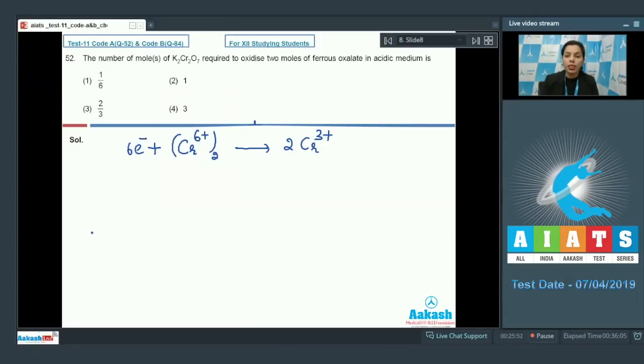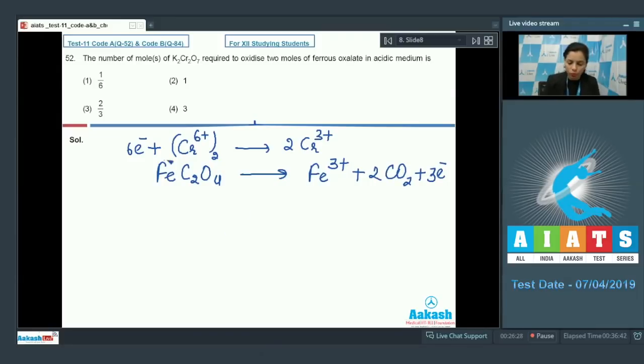And what about the other species? That is ferrous oxalate. Ferrous oxalate is FeC2O4. So, whenever it oxidizes, it forms Fe3+. Because it was in Fe2+ state, getting oxidized to Fe3+, CO2 is released. Along with that, 3 electrons are required in this case.